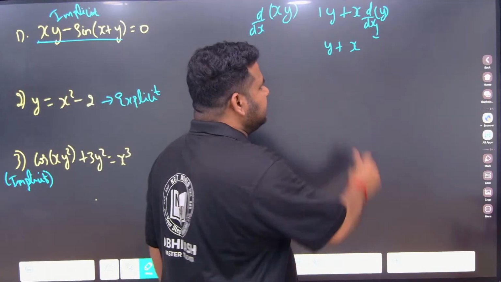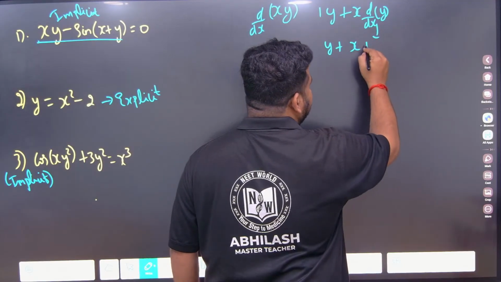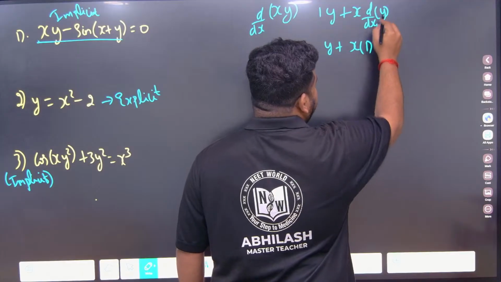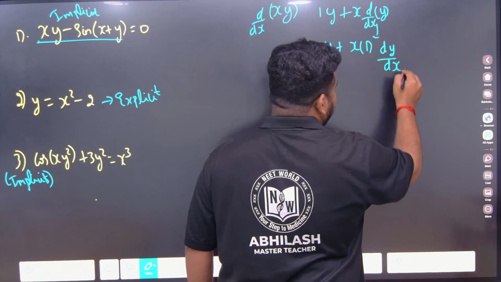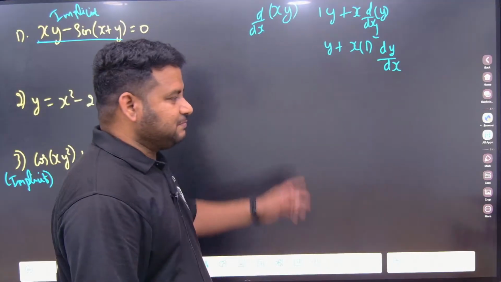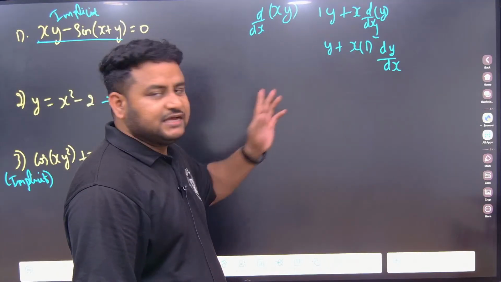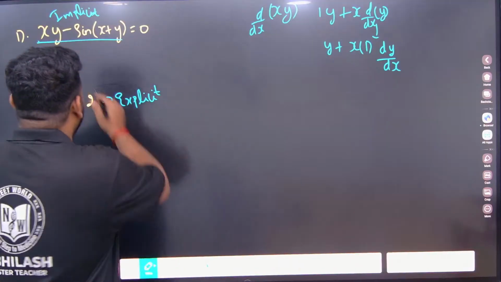Since y is there, you will write it as y dash, or as dy by dx. Please keep this in mind, you will write it as dy by dx.